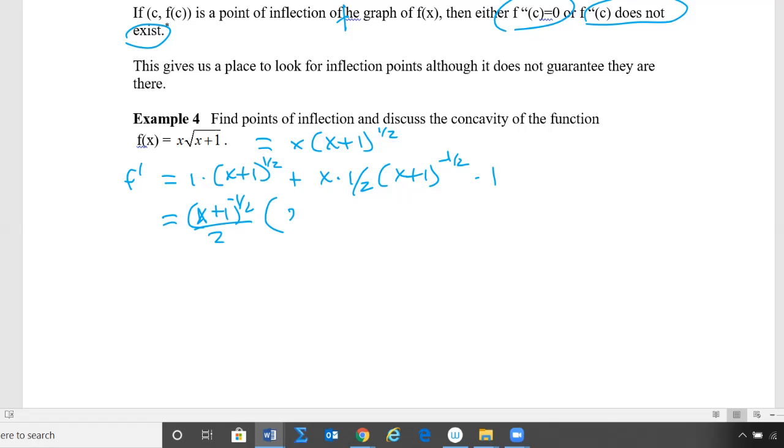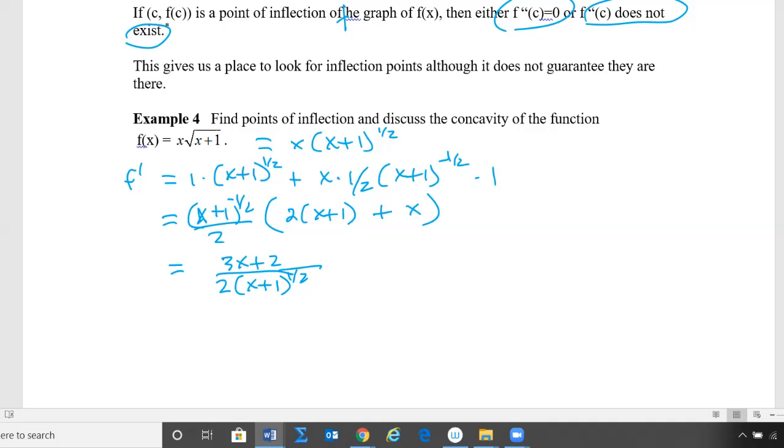So that will give us 2 times x plus 1 for our first term, plus an x. So this is 3x plus 2 over 2 times x plus 1 to the half, like that.